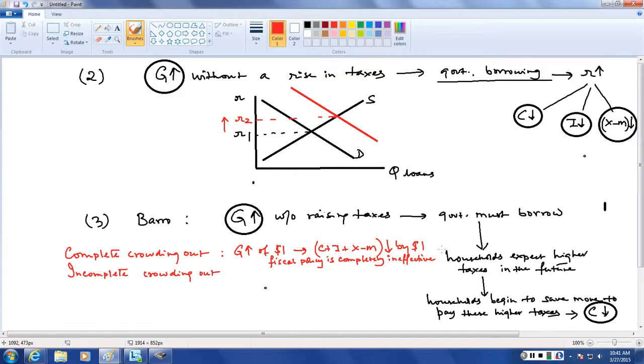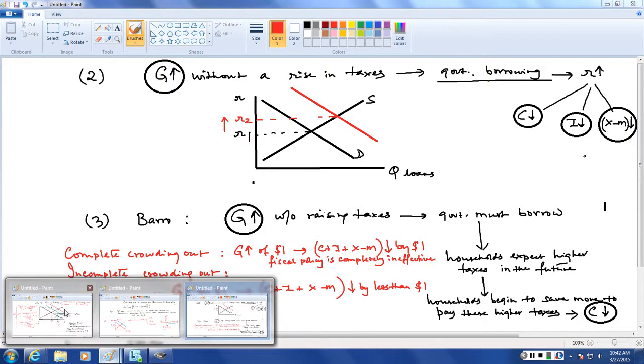Now, what about incomplete crowding out? Incomplete crowding out is when government spending rises by $1, and this causes C plus I plus X minus M to go down by less than $1. Now, will fiscal policy have some effect on AD? Yes, in this case it will, right? This is kind of like what we originally spoke about.